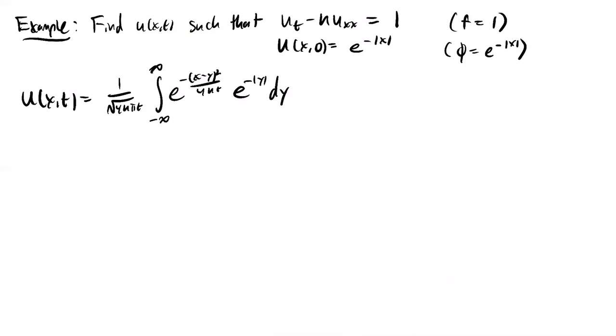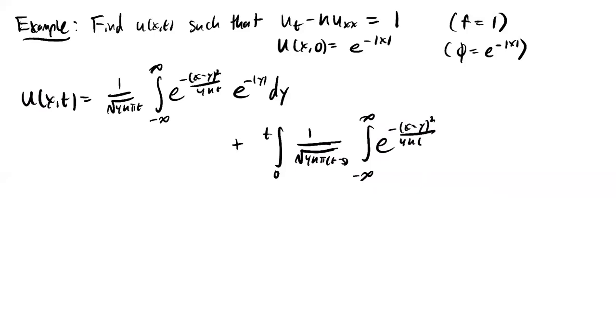And then I have the other term, which is like the forcing term, which involves this function f, which is the integral from 0 to t. And now I have my solution operator at time t minus s, right? So this is 1 over square root 4k pi (t minus s), integral from minus infinity to infinity, e to the minus (x minus y) squared over 4k (t minus s).